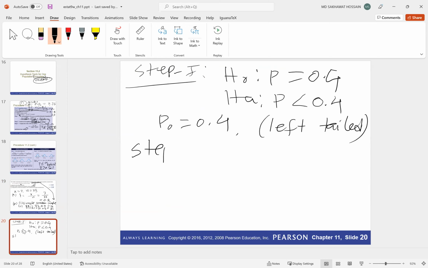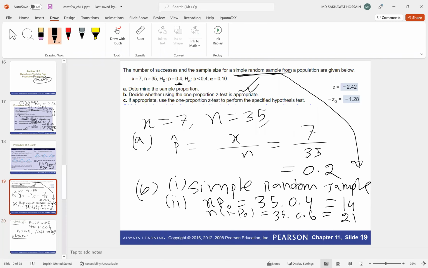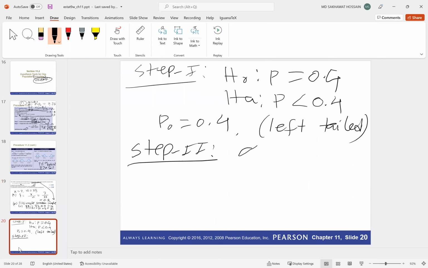Now step 2 is we need to decide the alpha value. What is the level of significance? The level of significance is 10%. Alpha is 0.10.